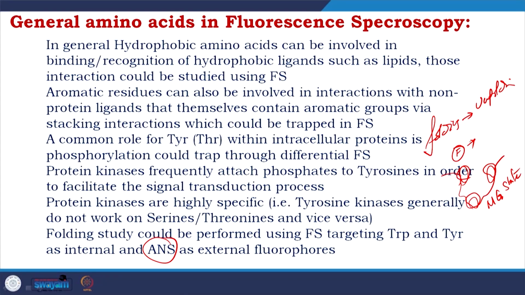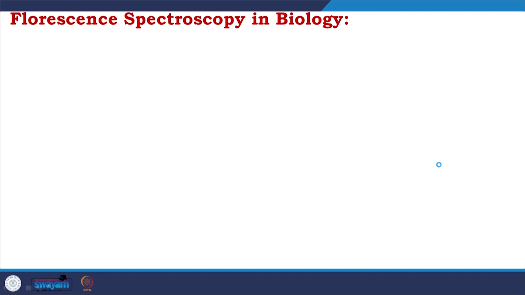If your protein is in the molten globule state, only in that state it would bind to ANS and you get a very significant spectrum, otherwise you will not. So, in that way you could get folding to molten globule to unfolding and also a differentiated state of molten globule. So, this is really interesting information to obtain.